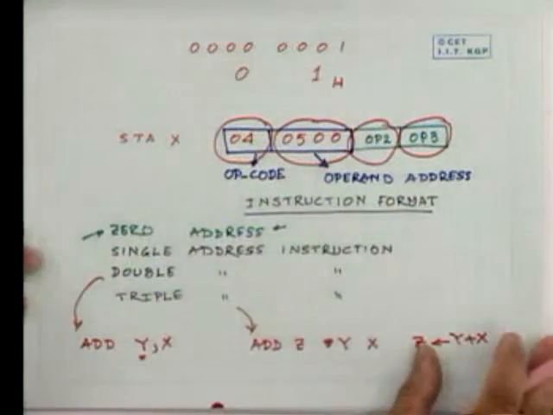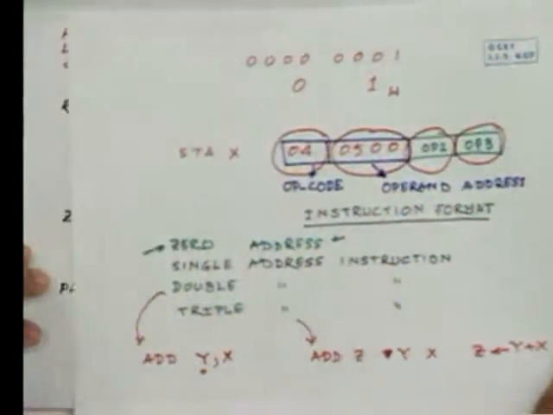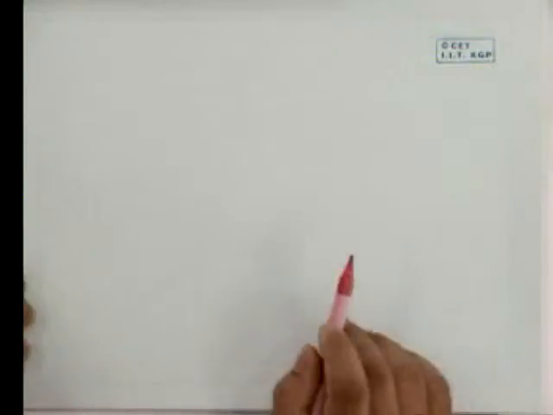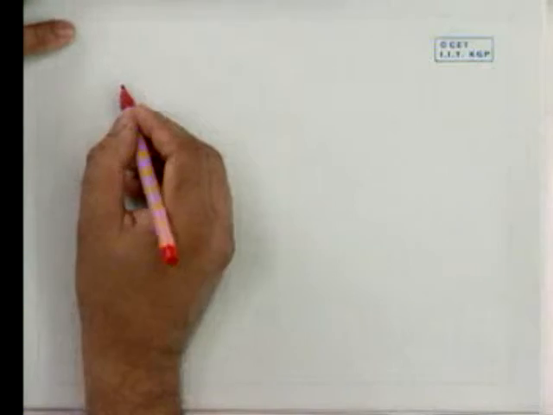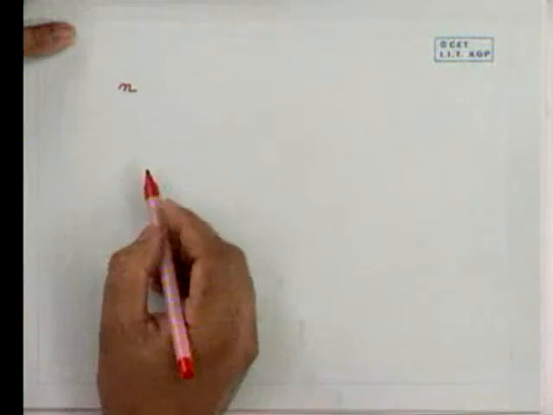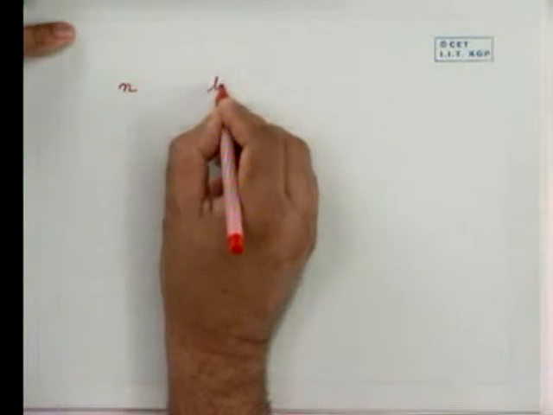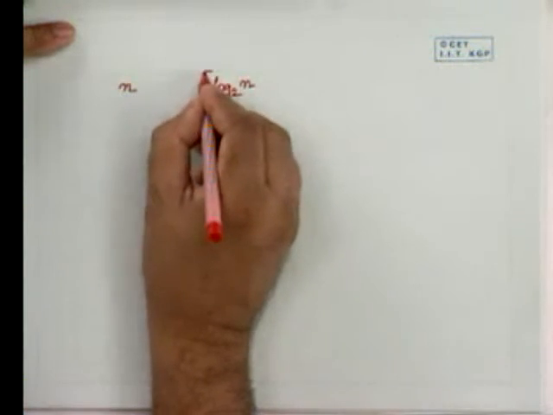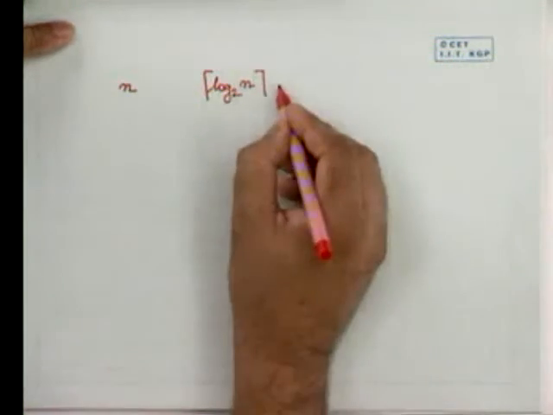Now, naturally, the size of the opcode will depend upon one factor: if n is the number of instructions that you have to implement, then the size should be at least log 2 of n, upper bound of it, okay, naturally.